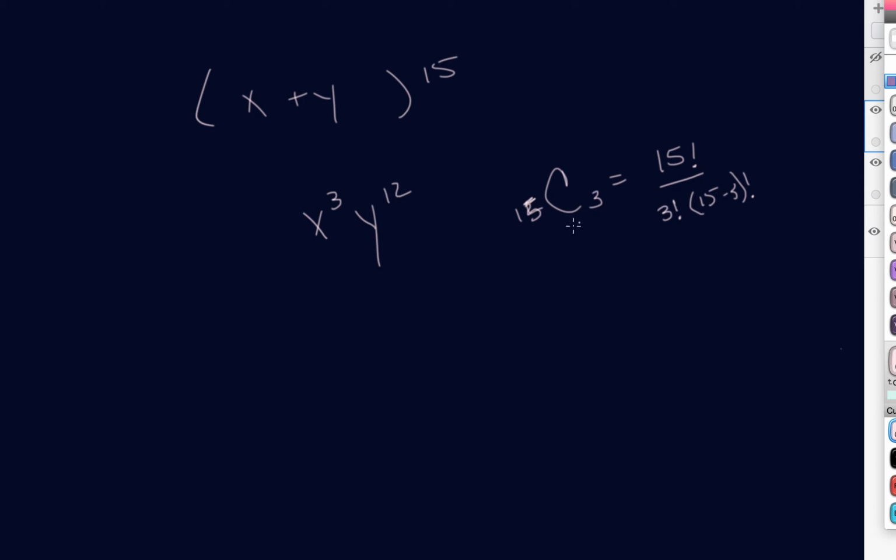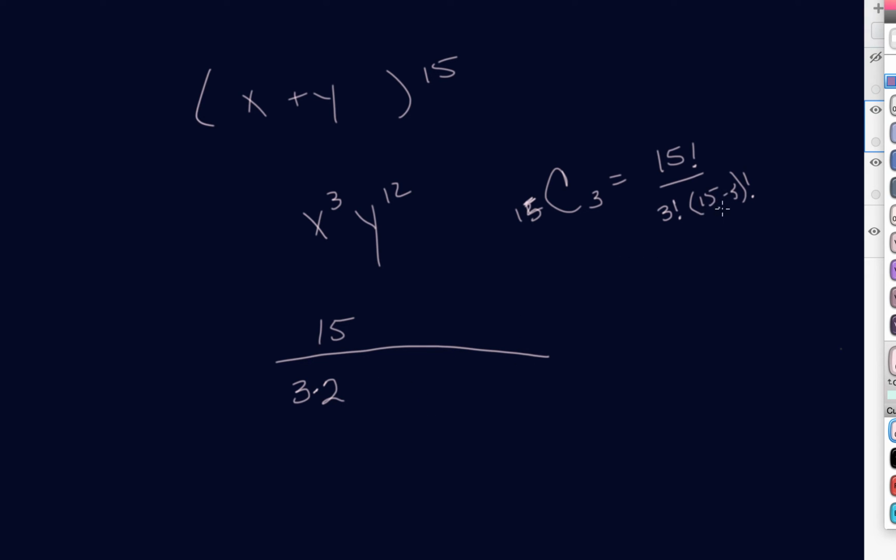Because it's a combination, we get to subtract this other piece out too. I'm going to leave 15 alone here for a minute, just so I can show you that we can cancel a whole bunch of this out. 3 factorial I'll write out: 3 times 2. Yes, it's times 1, but anything times 1 is just 1.